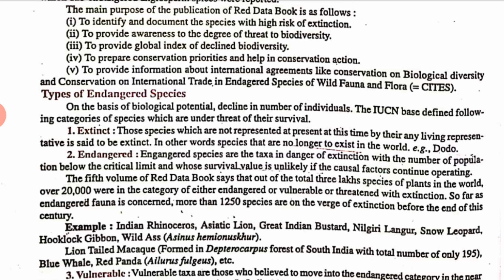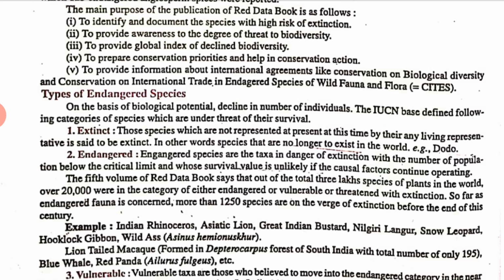The fifth volume of the Red Data Book says that out of the total 3 lakh species of plants in the world, over 20,000 are in the category of either endangered, vulnerable or threatened with extinction. As far as endangered fauna is concerned, more than 1250 species are on the verge of extinction before the end of the century.